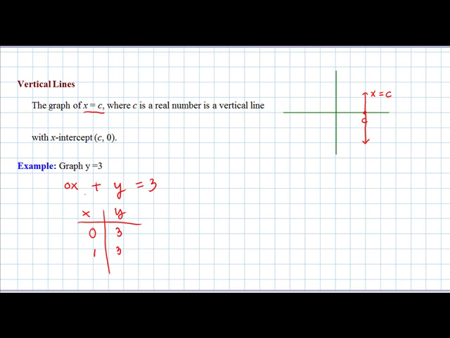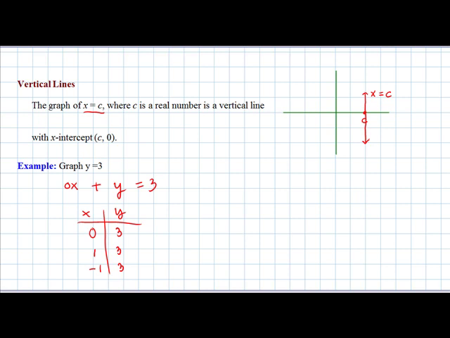When x equals minus 1, you put the minus 1 inside here. Minus 1 times 0 is 0. 0 plus y is equal to 3. So you see in this case, when you have the equation y equals a number, this equation does not depend on the x value. No matter what x value is, y always equals 3. Okay, any x value you choose, y always equals 3.